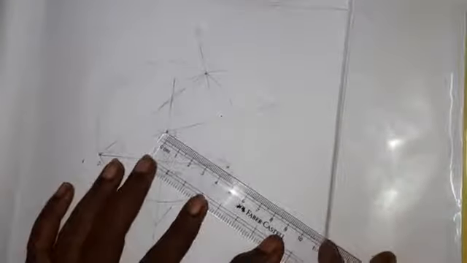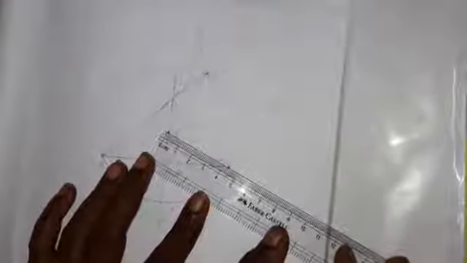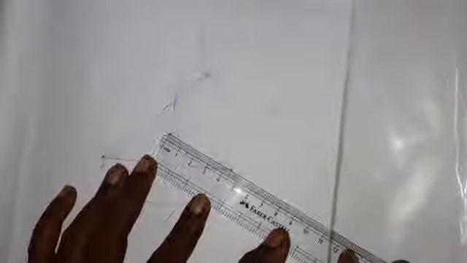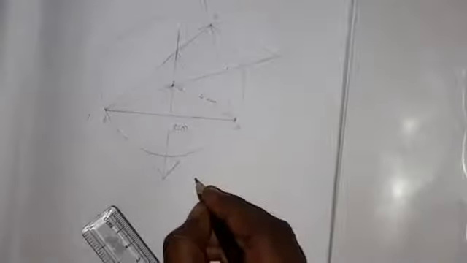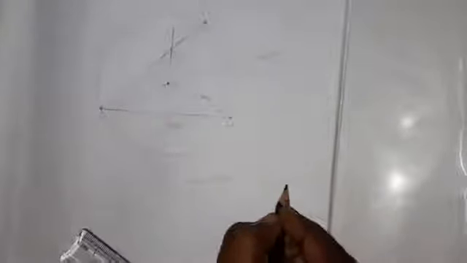Then you measure SA, SB and SC. You will get the same distance only. Here you are getting 4.4. That one you write here, 4.4 centimeter. Here you write SA is equal to SB is equal to SC is equal to 4.4 centimeter.